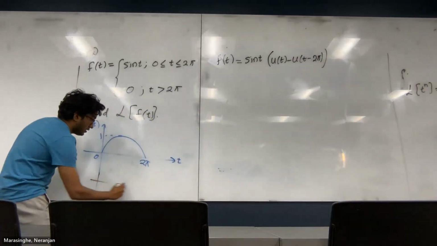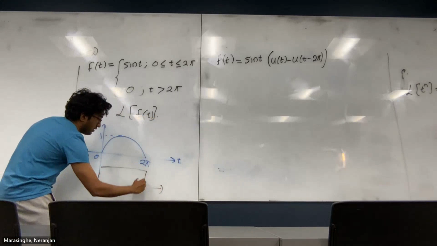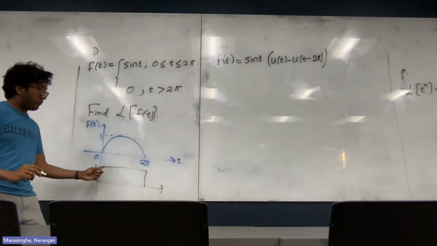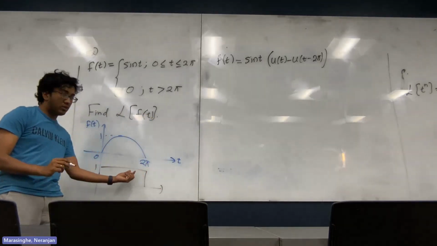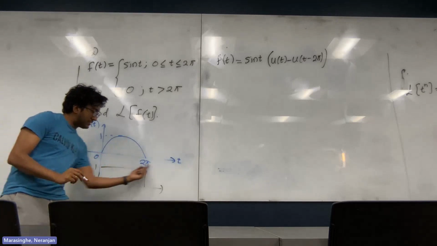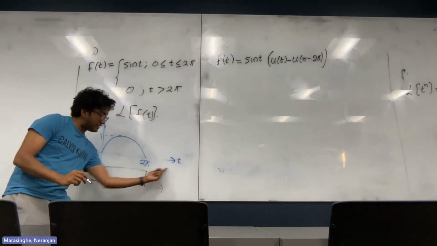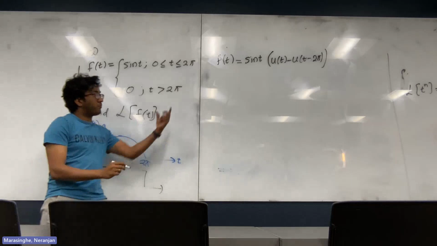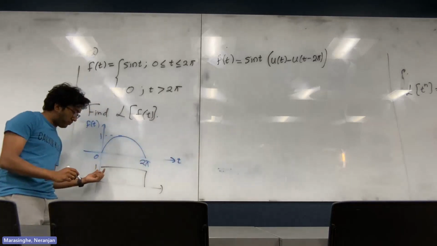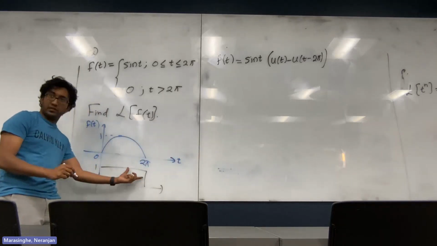That means this function. From u(t), you are going to subtract u(t minus 2 pi). u(t) is this one, and u(t minus 2 pi) is this portion. So if you subtract u(t minus 2 pi) from u(t), you would get this portion.